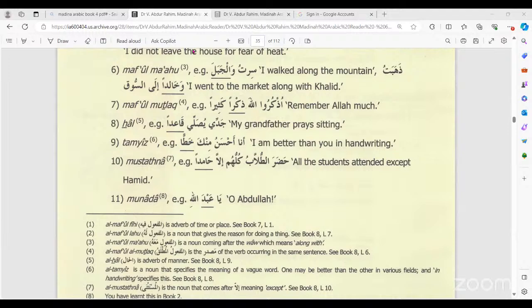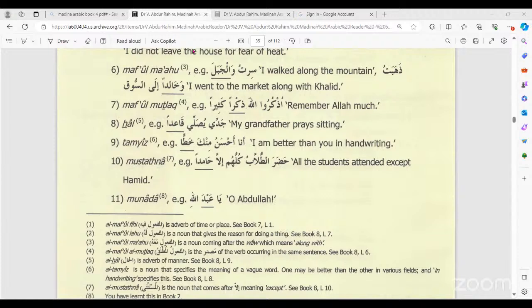I'll give you an example. I bought 1 kilo. If I said I bought 1 kilo, what did I buy 1 kilo of? You don't know. It's not clear. So if I say ana ishtarayt 1 kilo of dates, or lentils, or fruits, or oil, I bought 1 kilo of tomatoes or dates or potatoes or oil.